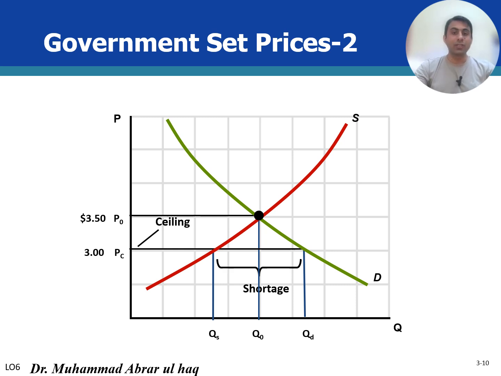So at $3, the producers are ready to sell less output than the consumers are demanding. Consumer demand is much higher than the supply, which creates a shortage. This shortage is visually represented by the horizontal distance between QD and QS on the supply and demand graph.